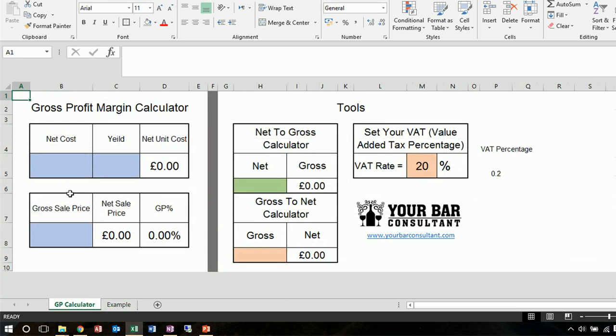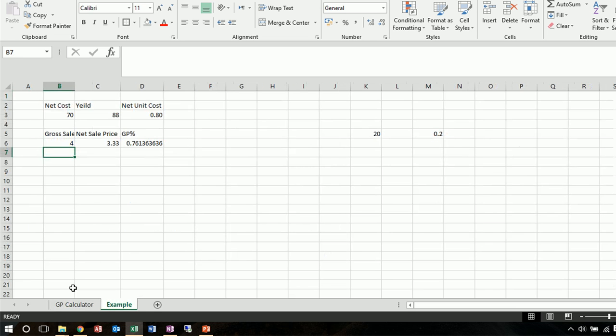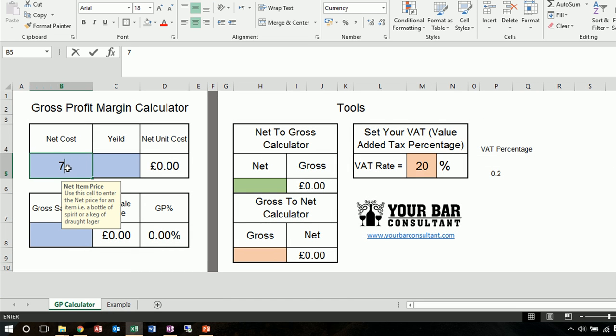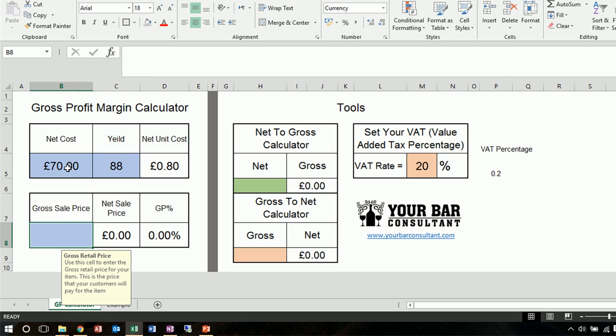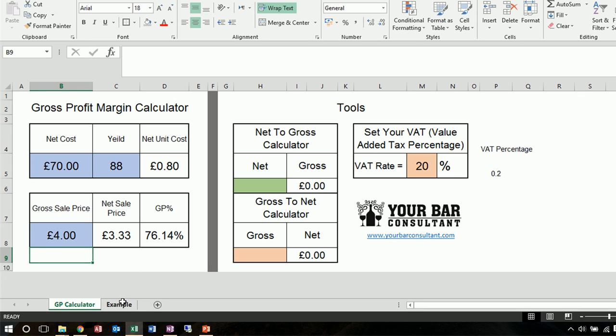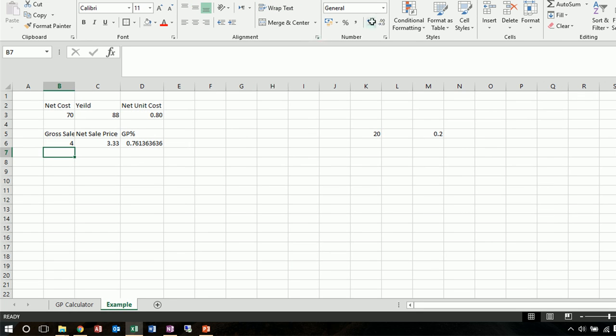So let's just double check that on this. We have £70 for a keg of lager. You get 88 pints, and we sell it for £4, and we get 76% GP. 76.14. Let's round that down.